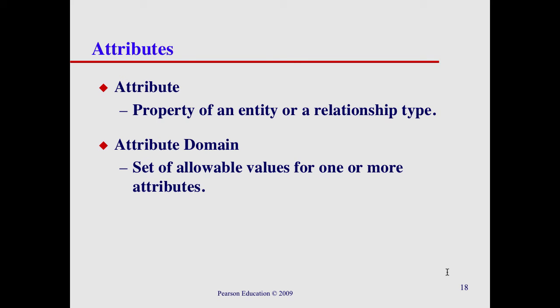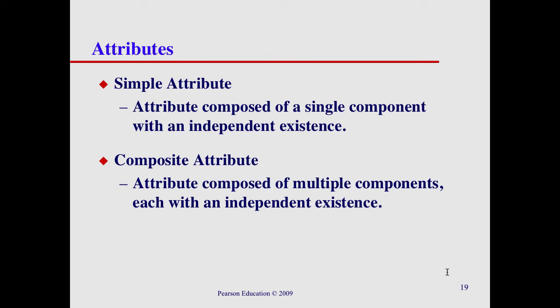Okay, so pretty much we already know about attributes. However, there are a couple things we haven't talked about. One is the difference between a simple attribute and a composite attribute. A composite attribute could be something like a street address, 1678 Cardiff Road, Knoxville, Tennessee, 37920. The whole address might be considered a composite attribute.